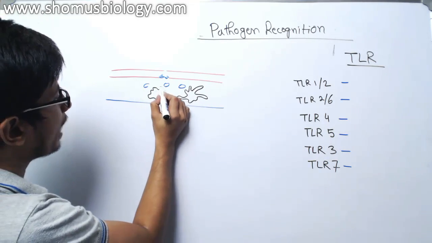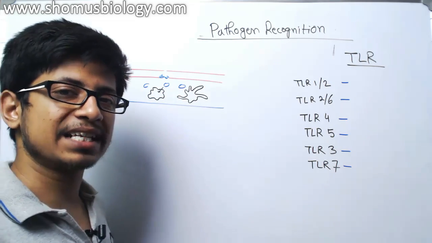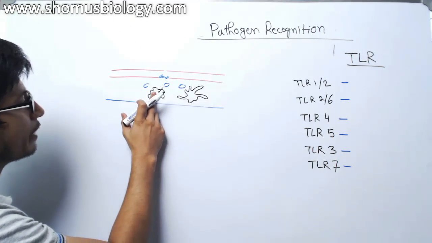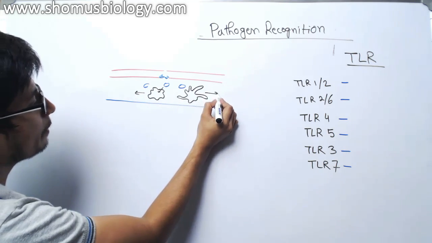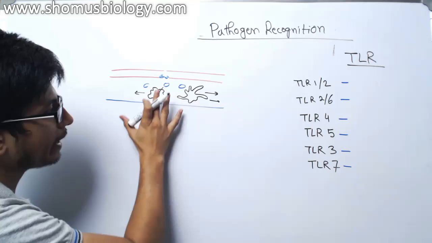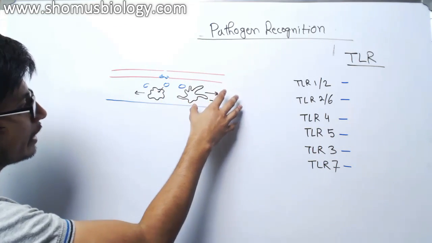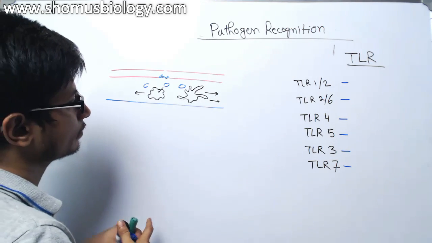At that point, this macrophage will engulf the bacteria via the process known as phagocytosis. Once they engulf the bacteria by phagocytosis, they will start releasing certain chemical factors into the nearby tissue, known as cytokines.